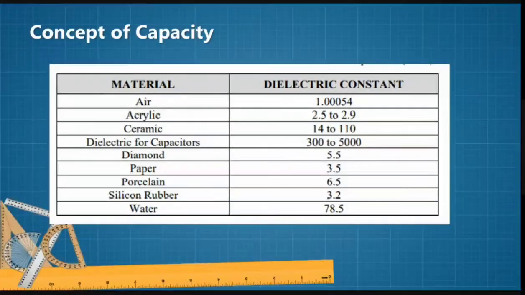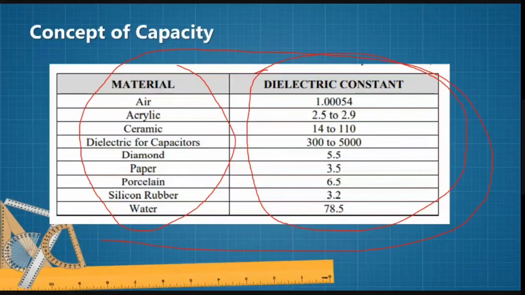And the other materials typically used in capacitors, such as ceramic capacitors, are also presented in this table. This is the material, and this is the value of the dielectric constant.